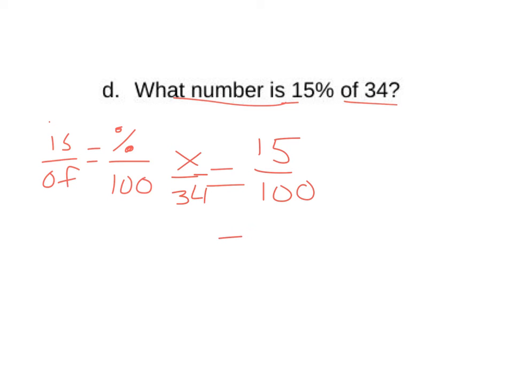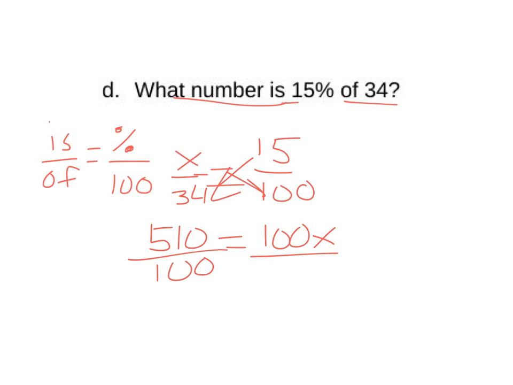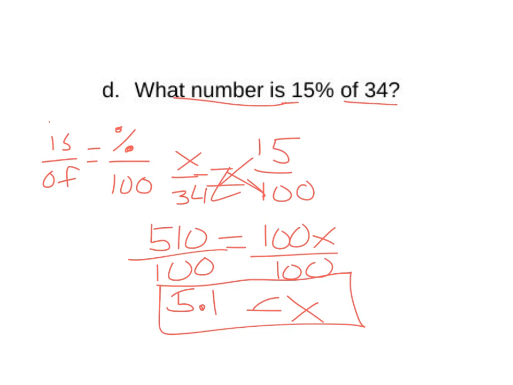So if we look at this problem and solve, we're going to cross multiply. So we get 100x, 15 times 34, 510. And if we divide by 100, we are looking at x equaling 5.1. So, there it is, a few more examples of just getting them set up and solve.